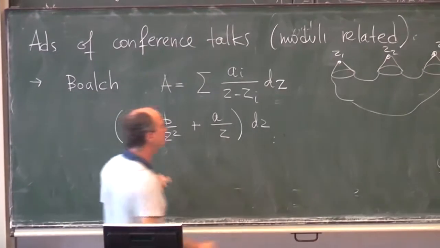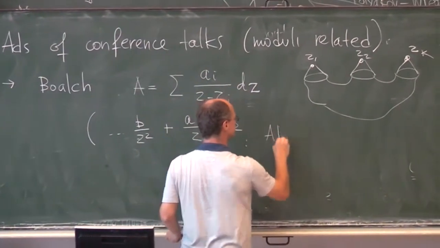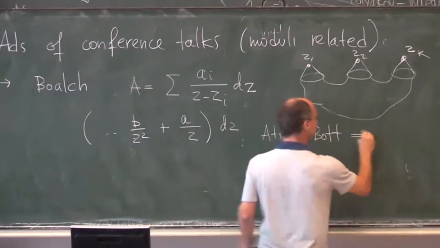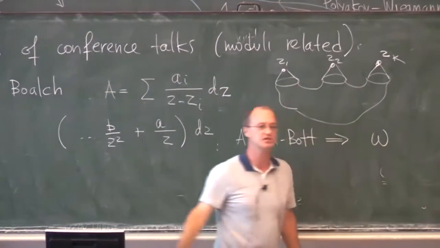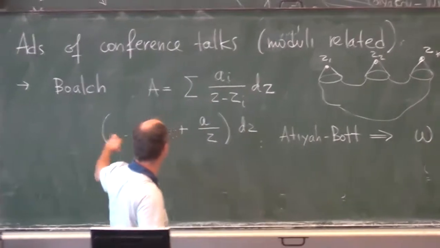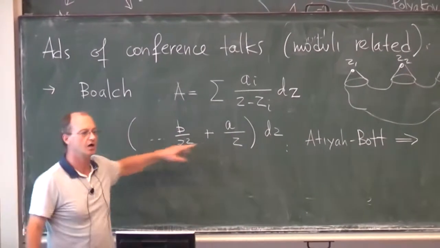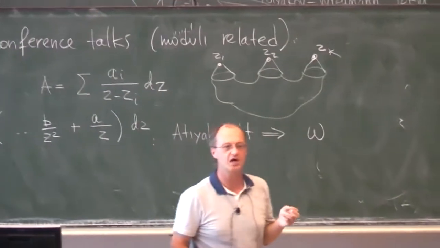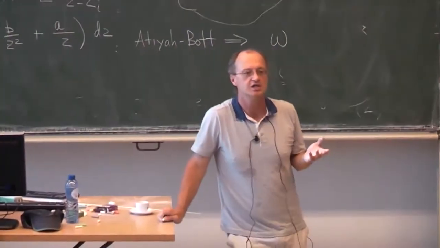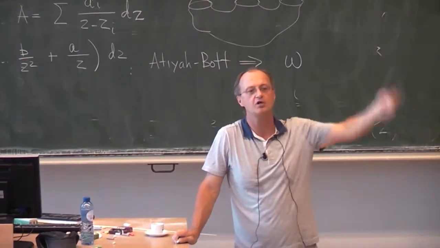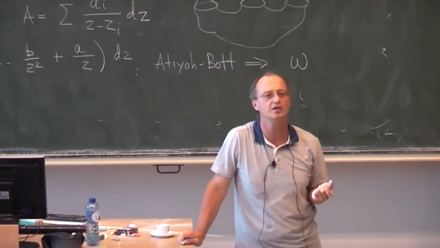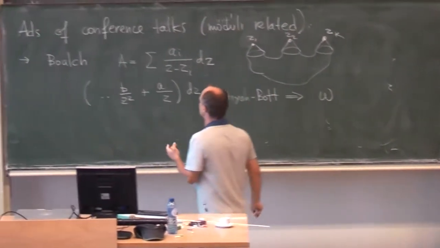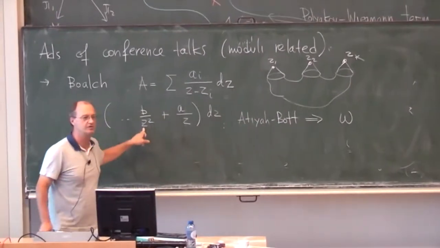So the Atiyah-Bott formula still gives you some nice symplectic form on whatever is the moduli space when you go here. The interesting part of it, I was telling you that the moduli space is completely described in terms of holonomies, in terms of the map of pi1 to your group. But here it's no longer true, because those are irregular singularities.